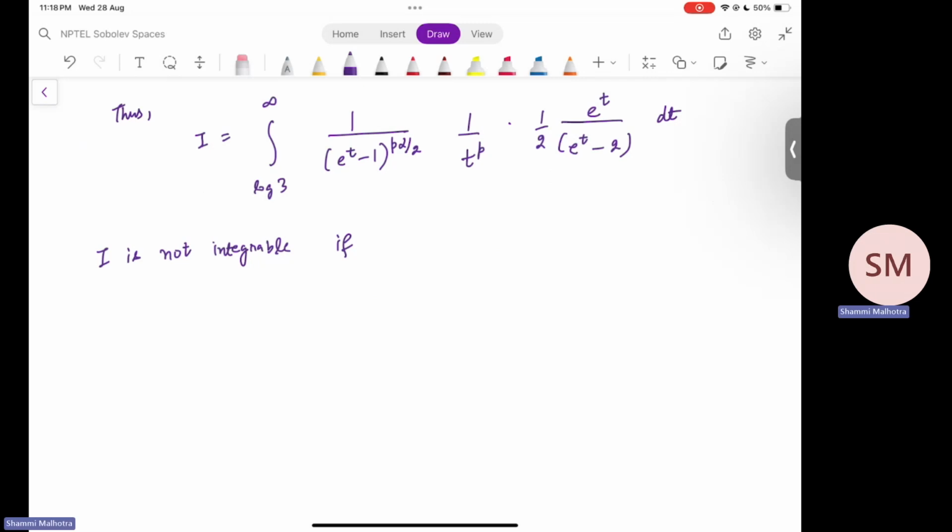it's not integrable if the limit as t tending to infinity of e to the t over (e to the t minus 1) to the power of p alpha by 2, times e to the t minus 2, is non-zero.